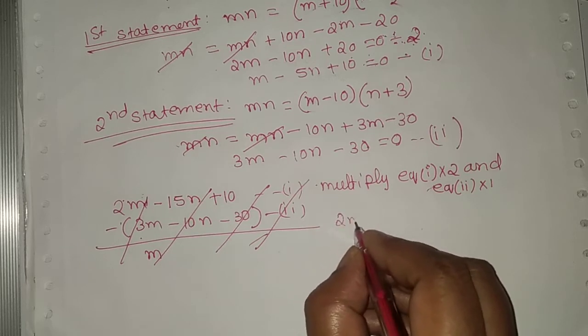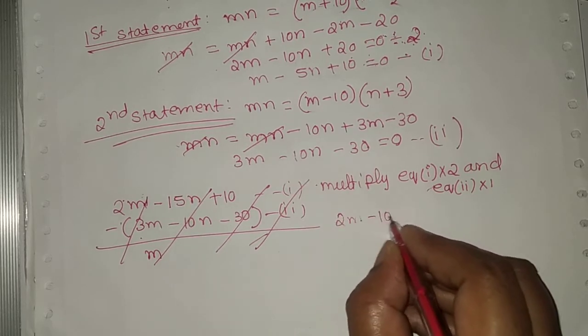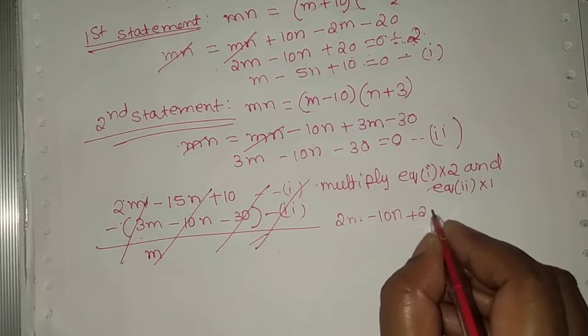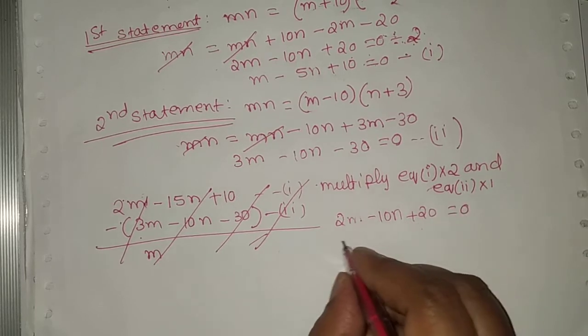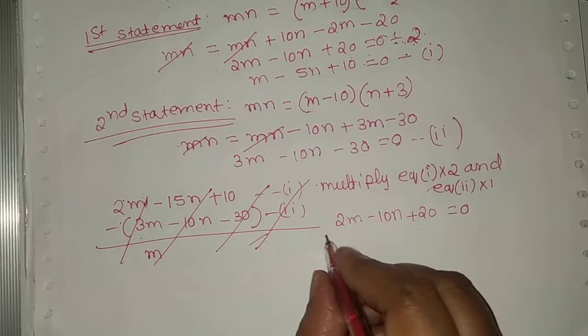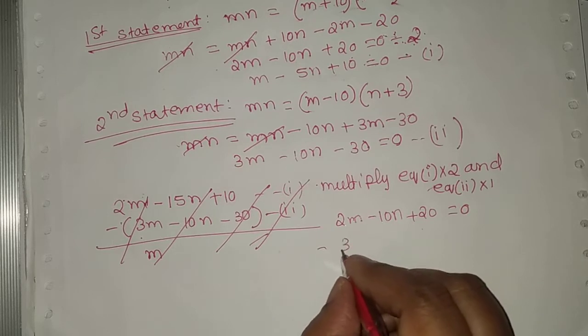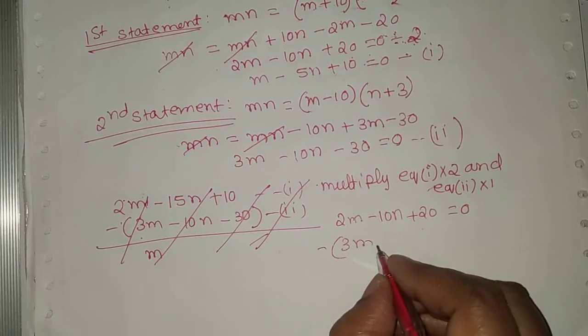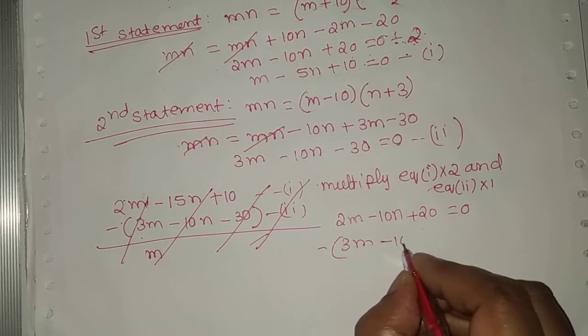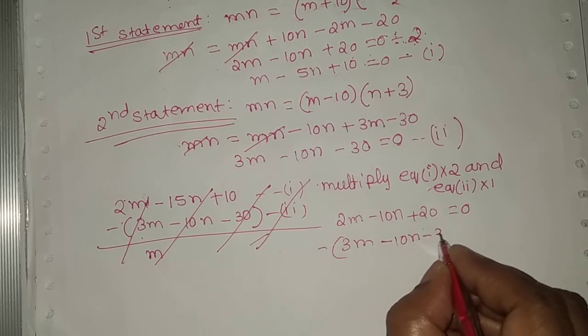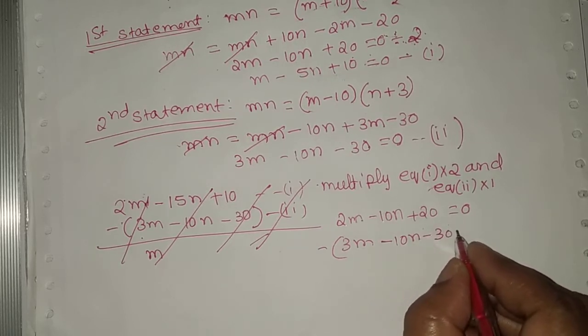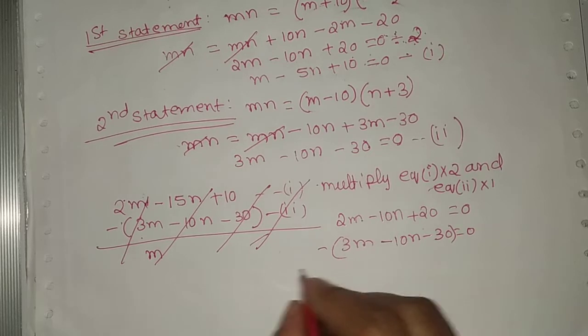So it's 2m minus 10n plus 20 is equal to 0, and next, we have to subtract 3m minus 10n minus 30 is equal to 0.